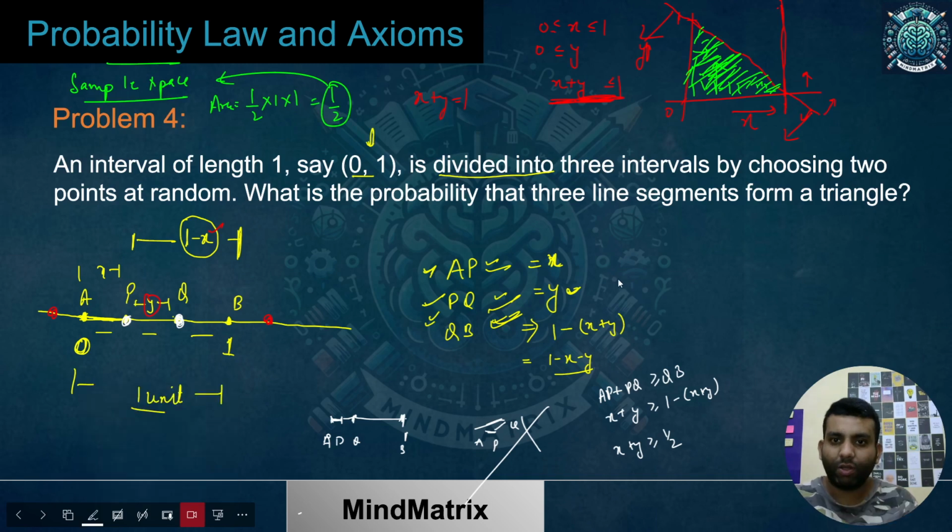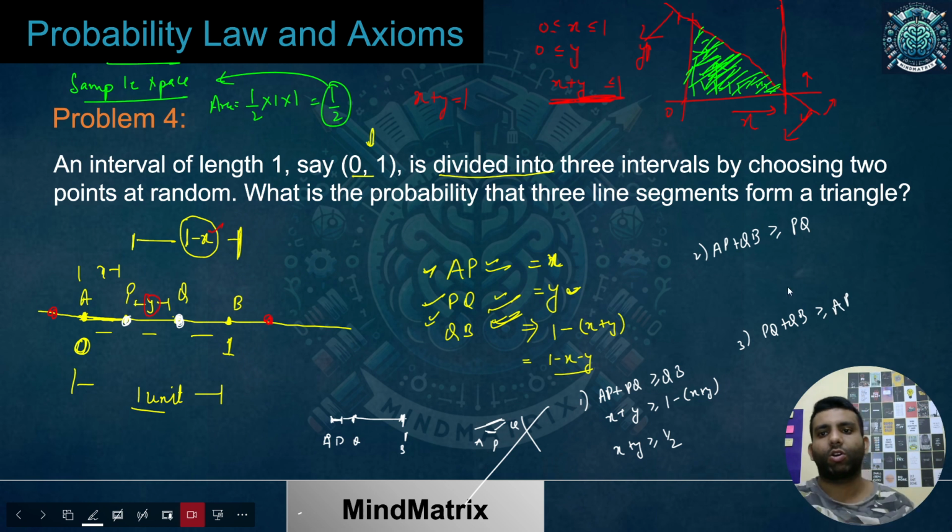So let's talk about AP plus QB must be greater than PQ for the triangle to get formed. This was the first condition, this was the second, and the third we'll talk about is PQ plus QB must be greater than or equal to AP.